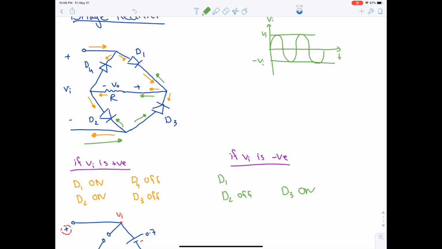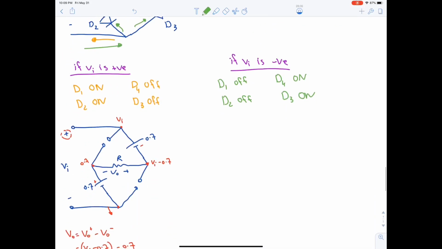Hence D1 is off and D4 is on. Okay. This D1 became off, so no current will flow across it. So D2 is off, D4 is on. Okay, let's redraw the circuit.